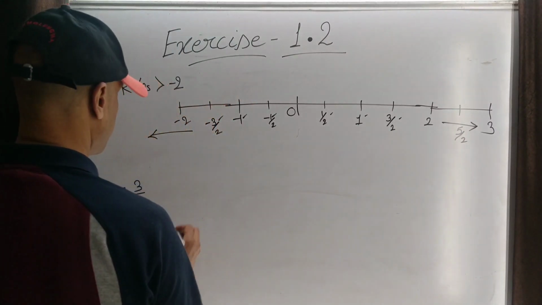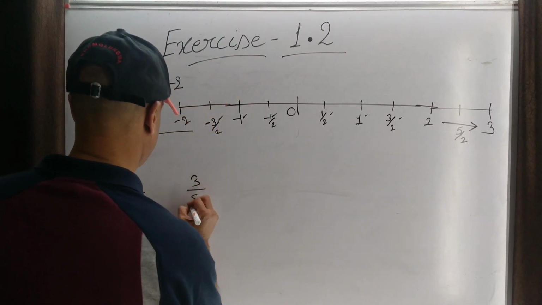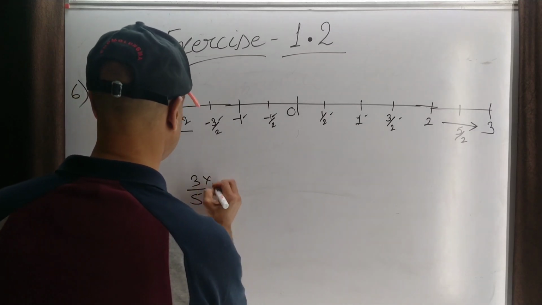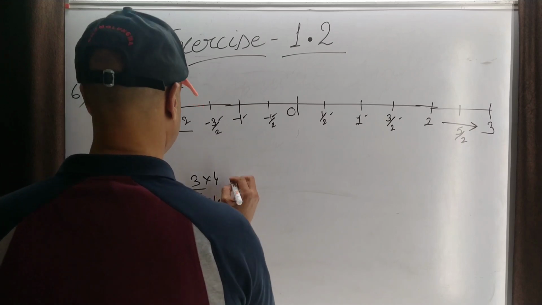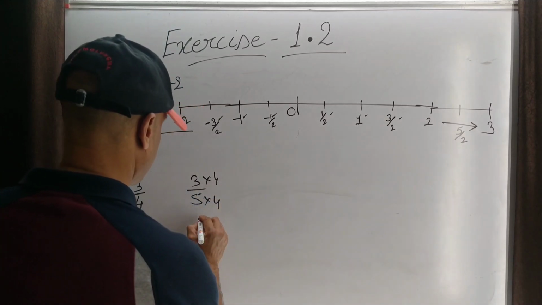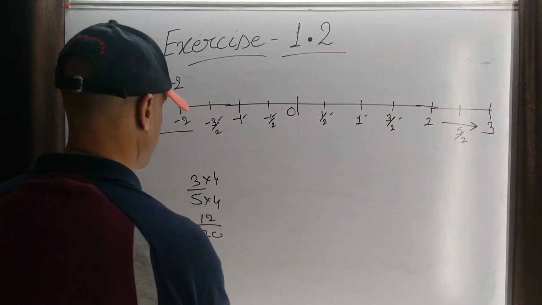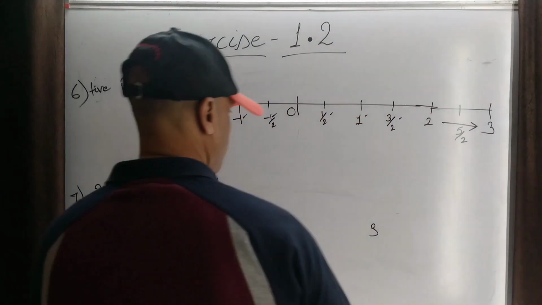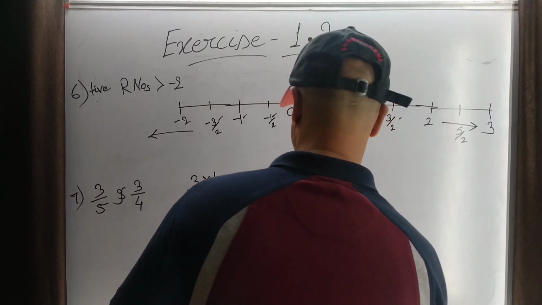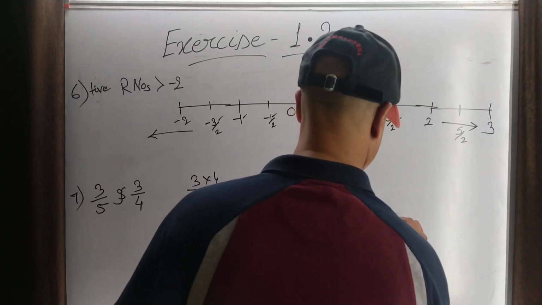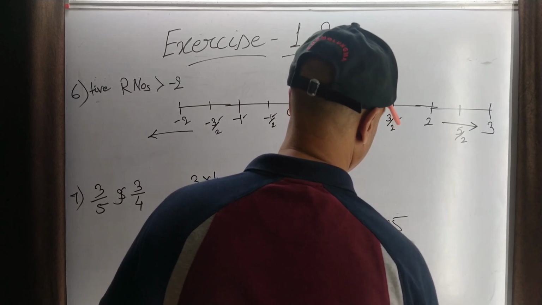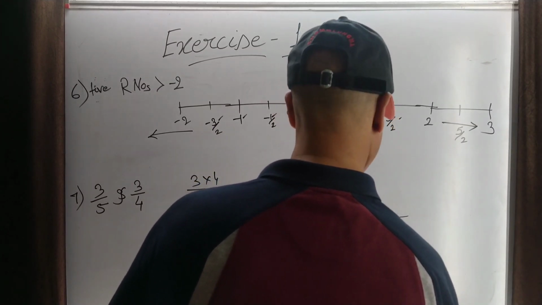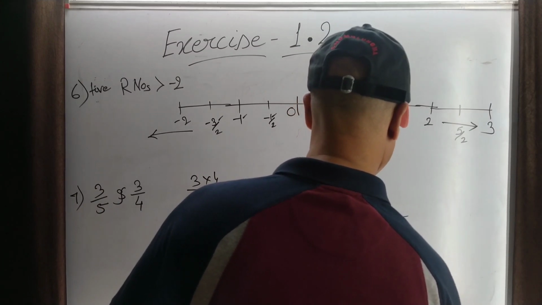If we make it 20, so 3/5, we take LCM, we make it 20, that is 4 into 4, so this becomes 12/20, and here 3/4, we can make it 20 by multiplying by 5, so we get 15/20.